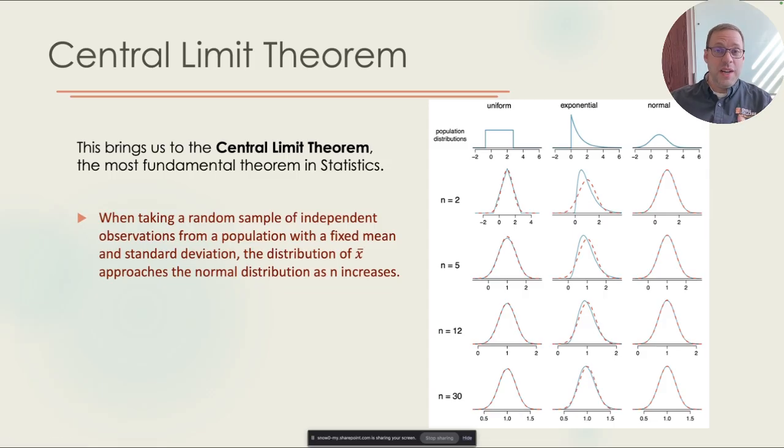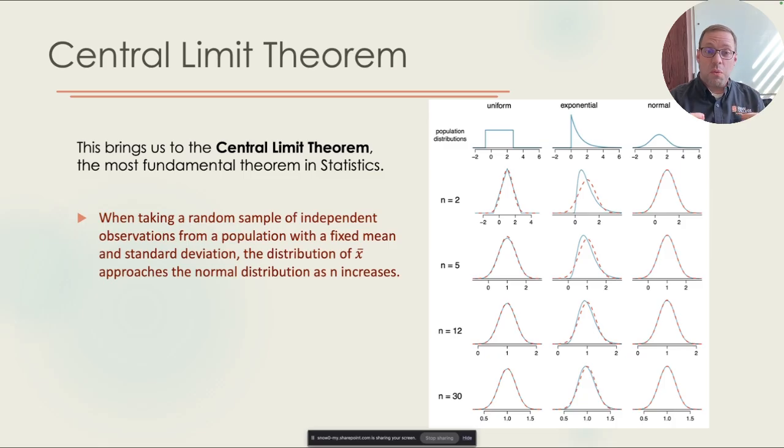And with that, we can now state our central limit theorem. When taking a random sample of independent observations from a population that has a fixed mean and standard deviation, the distribution of sample means approaches the normal distribution as the sample size increases. Okay, let me say that one more time.